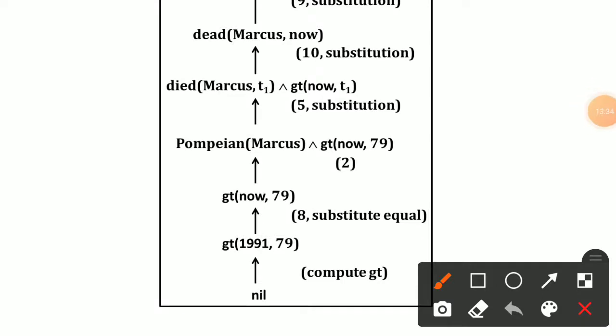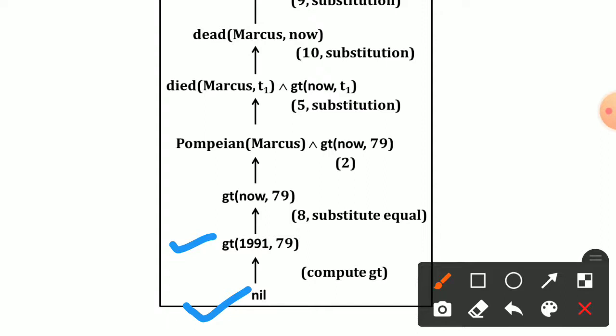We start with nil, then greater than(1991, 79). We can compare the age by the year born.